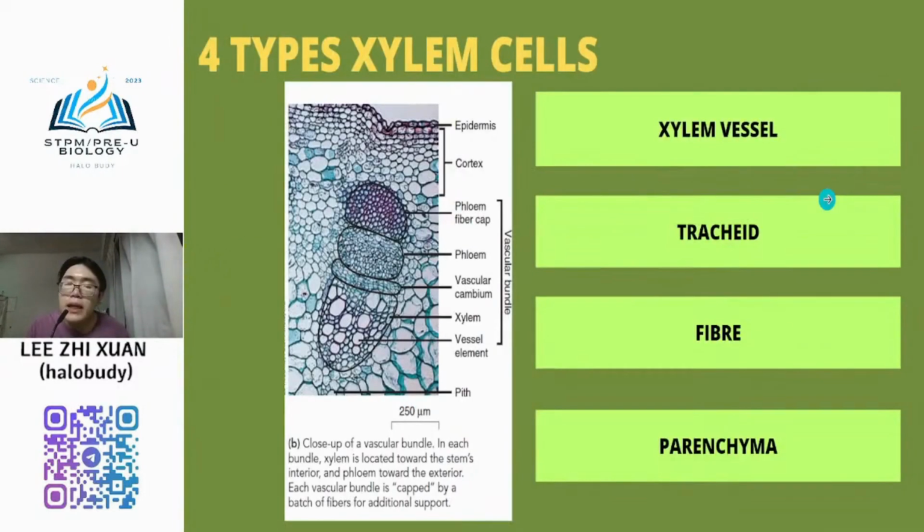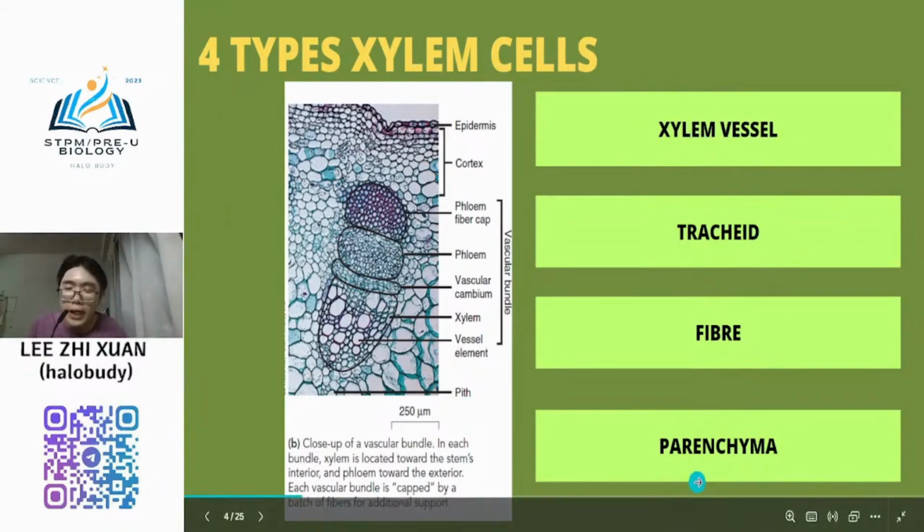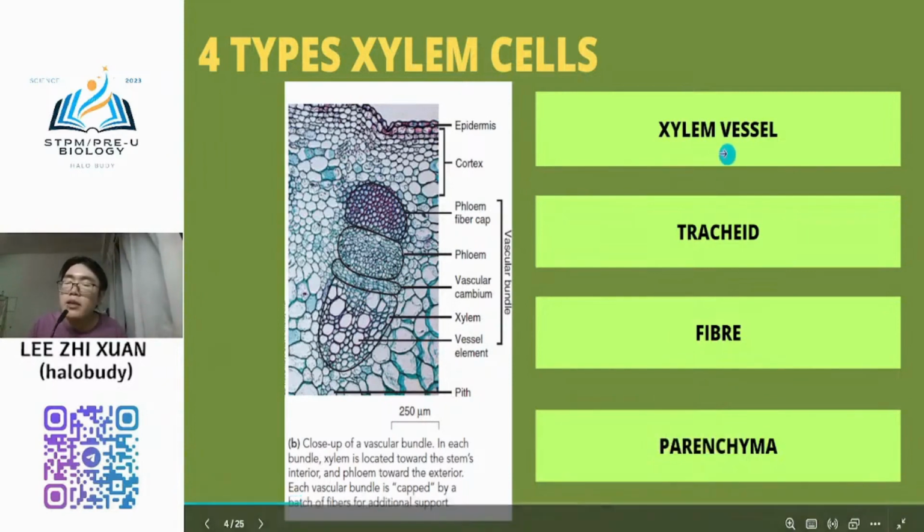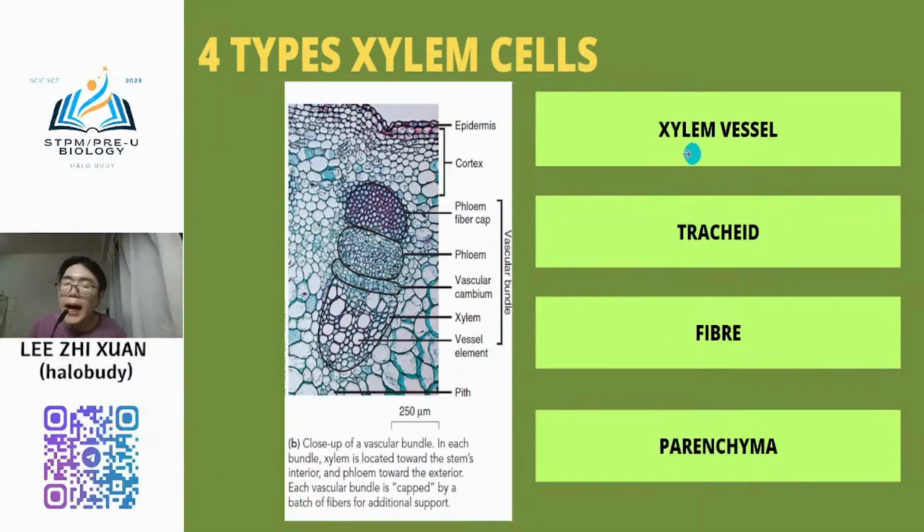And then we know that there are four types of xylem cell, right? Xylem vessel, tracheid, fiber, and parenchyma cell. Normally the ones that play the role in water transporting are xylem vessel and tracheid. Fiber and parenchyma are not involved in water transporting. Only xylem vessel, especially xylem vessel.